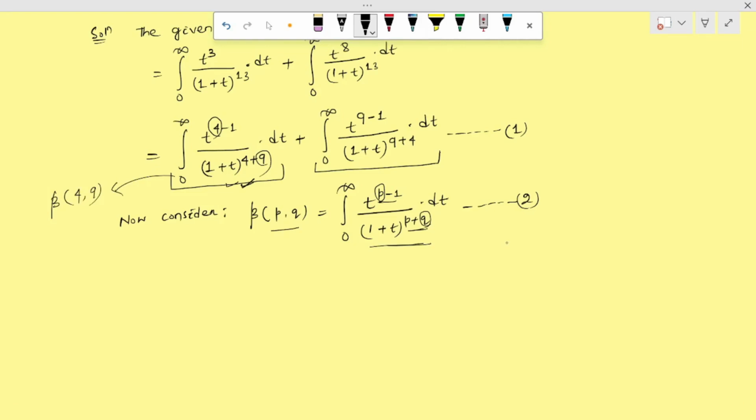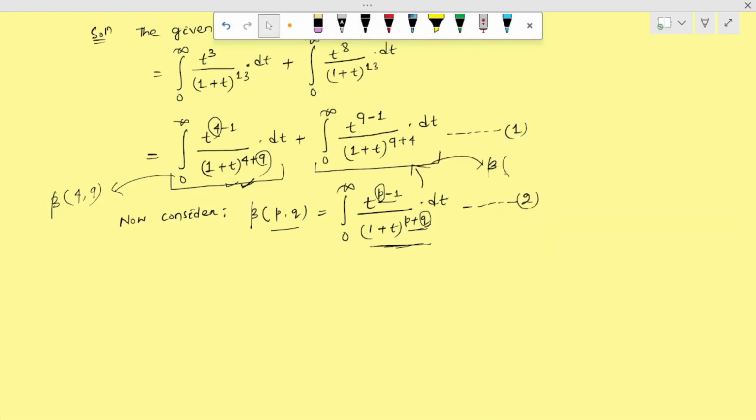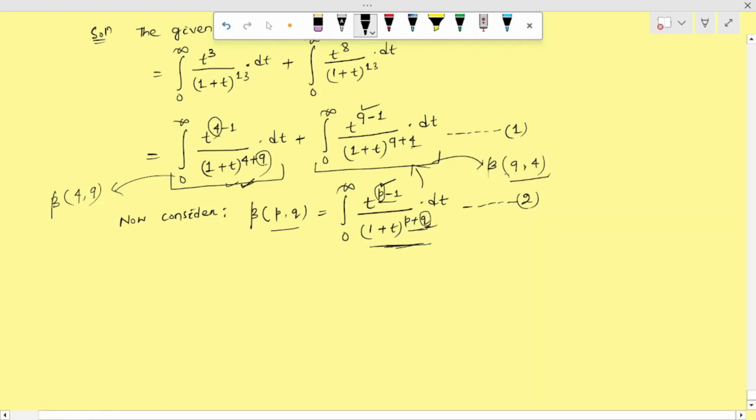Likewise, comparing the other integral, it will be beta 9 4, because here 9 is in place of p and 4 is in place of q.